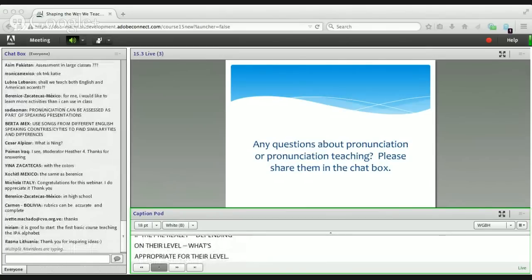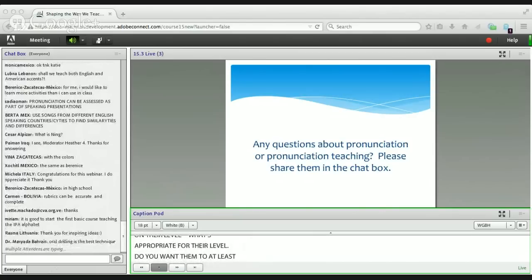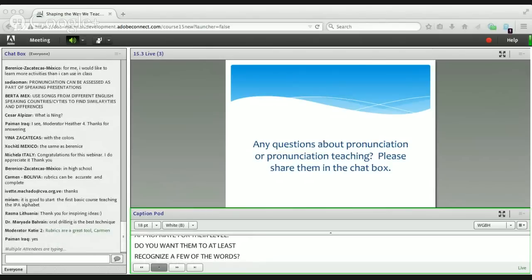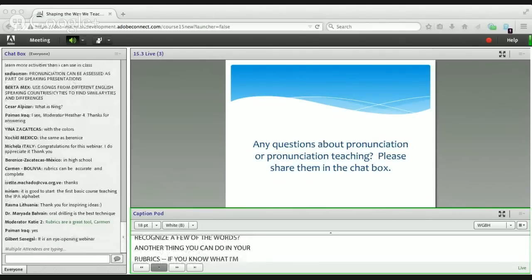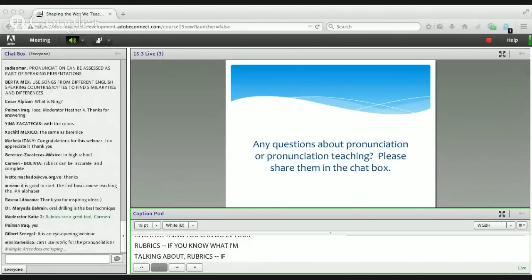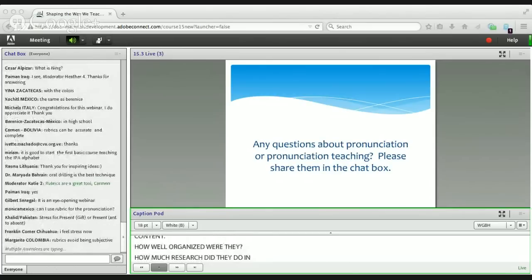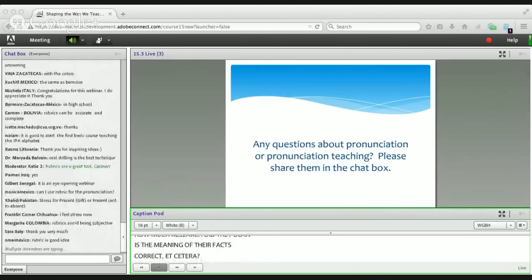Do you want them to at least recognize a few of the words? And another thing you can do in your rubrics, if you know what I'm talking about, if they're giving a presentation, of course you're going to grade their content. How well organized were they? How much research did they do? Is the meaning of their facts correct, etc.? But you can also have a small component to assess their clarity, their intelligibility.